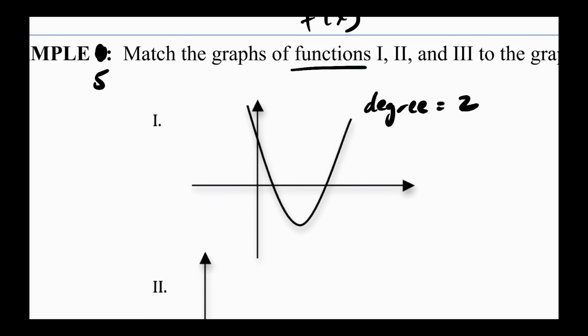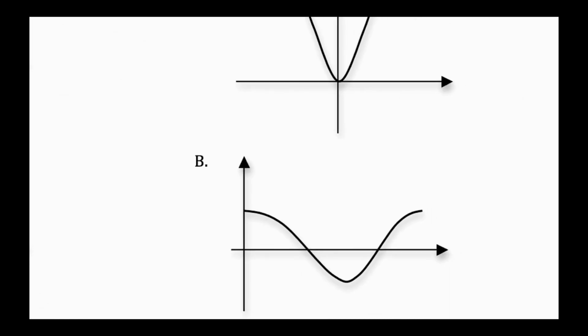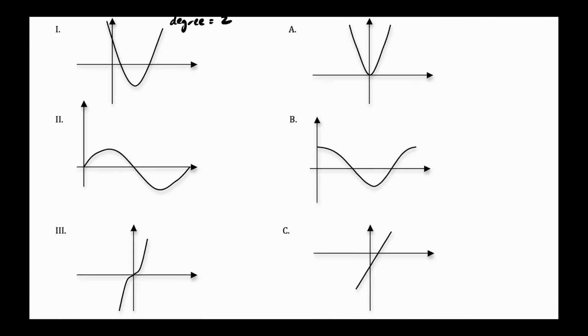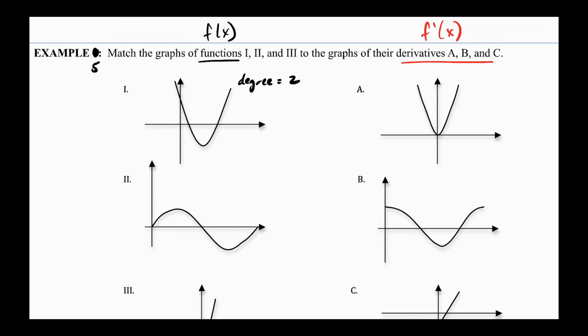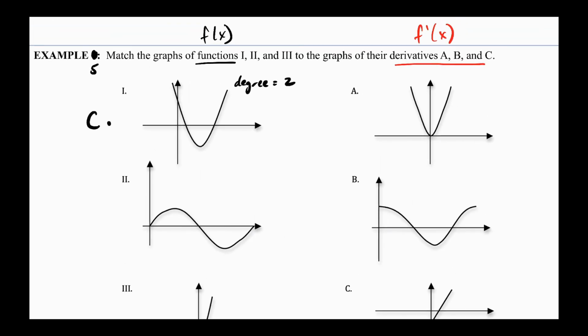So when I find the derivative of anything with a degree of 2, it's going to change to what? Exactly. It's going to change to linear. It's going to have to be a straight line. So you go over here and see if there's only one straight line. There is. Letter C goes with this guy here because it has to be linear. It's the only linear one.